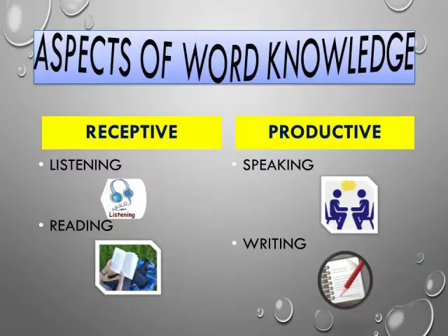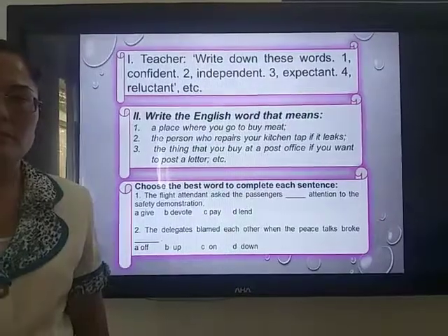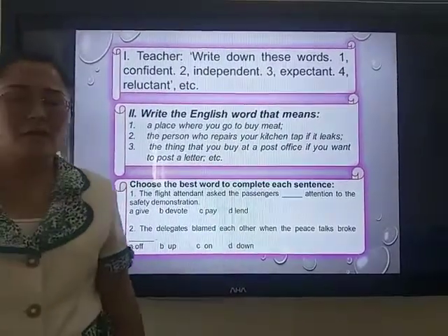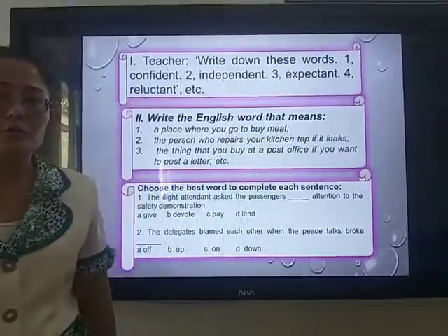We can test aspects of word knowledge receptively or productively. In listening and reading, we can use receptive tests. And in speaking and writing, we can use some productive tests. Most vocabulary tests target only one or two aspects of word knowledge.